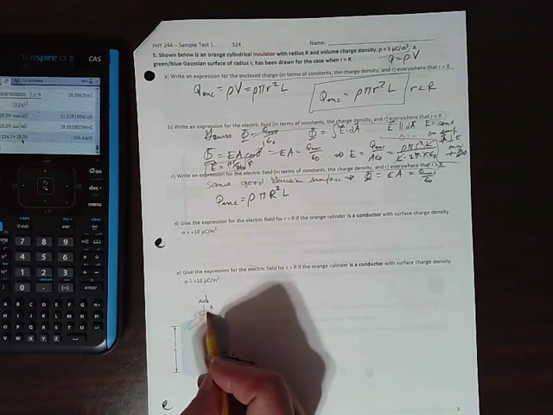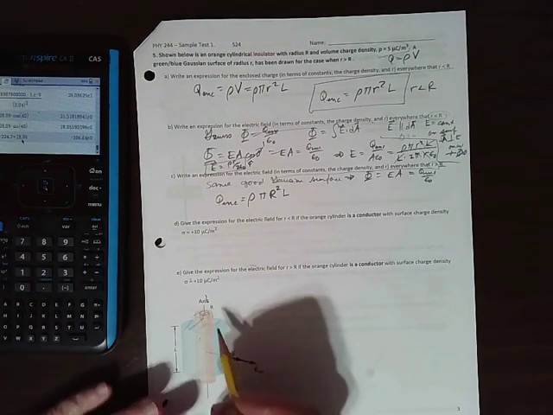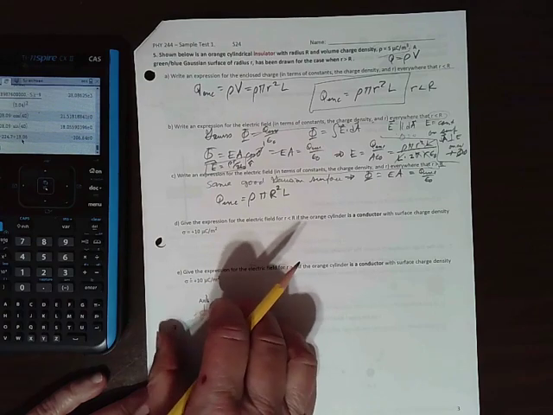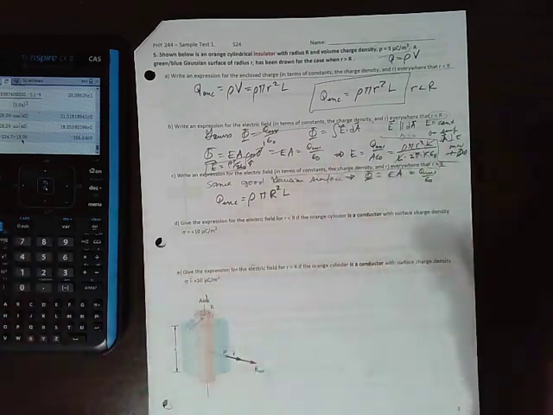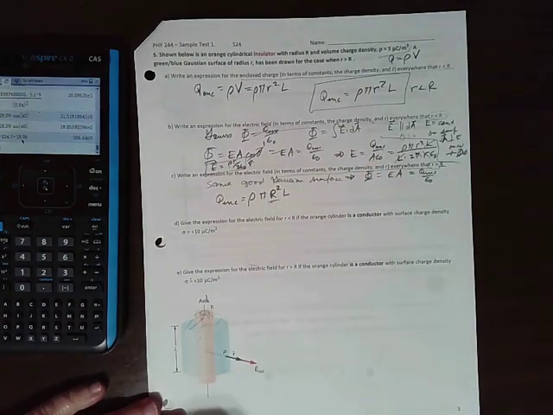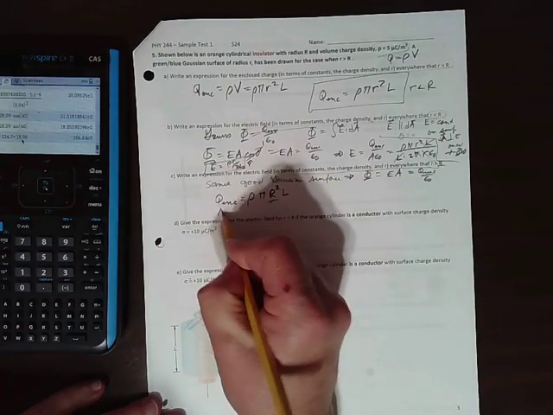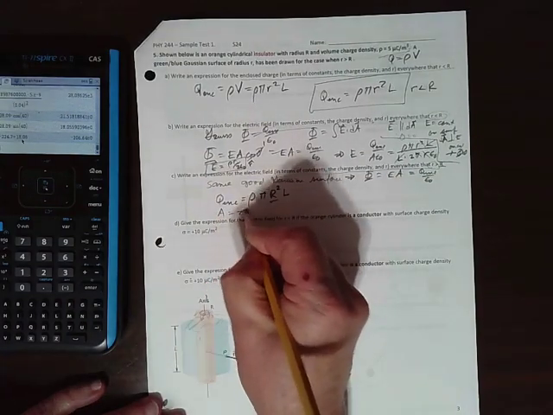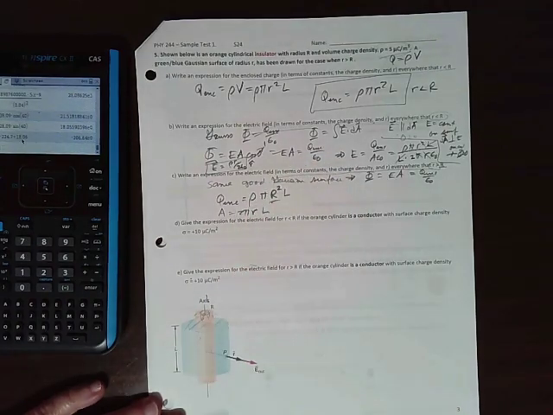The Gaussian surface is larger than the cylinder, but the volume that has charge in it isn't increasing anymore. As this is getting bigger and bigger, farther and farther away, it's still that same fixed amount of charge. That is the size of the thing. So Q enclosed is that. And A is still the unwrapped cylinder, so 2 pi little r times L.